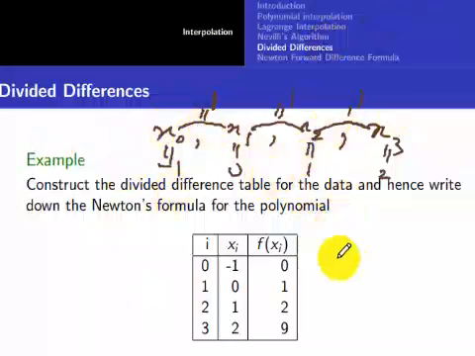Let's see how we find the polynomial for the equally spaced data set.